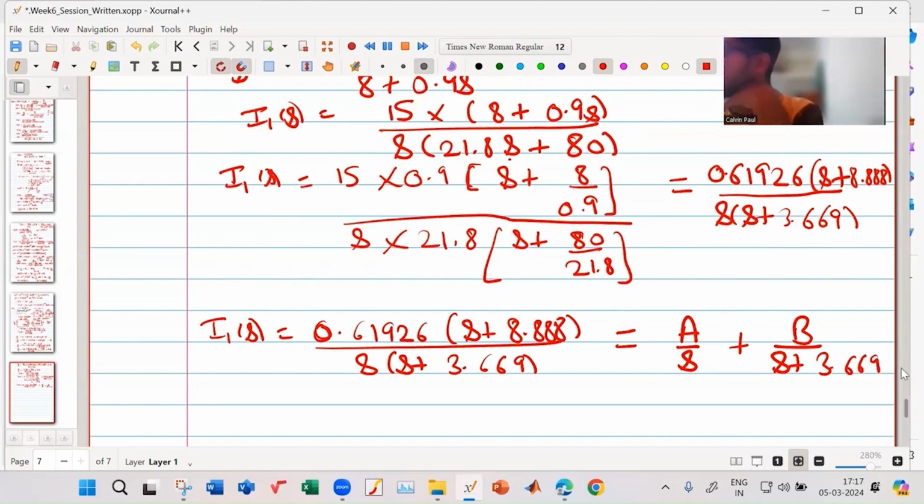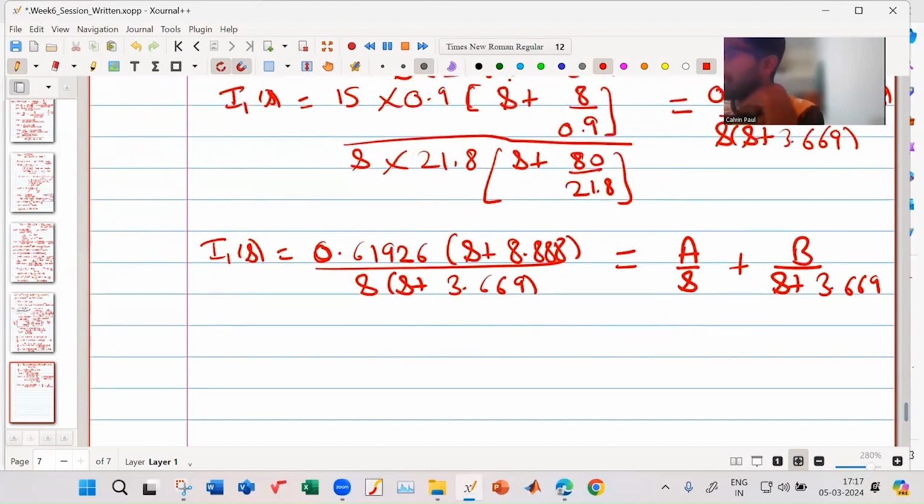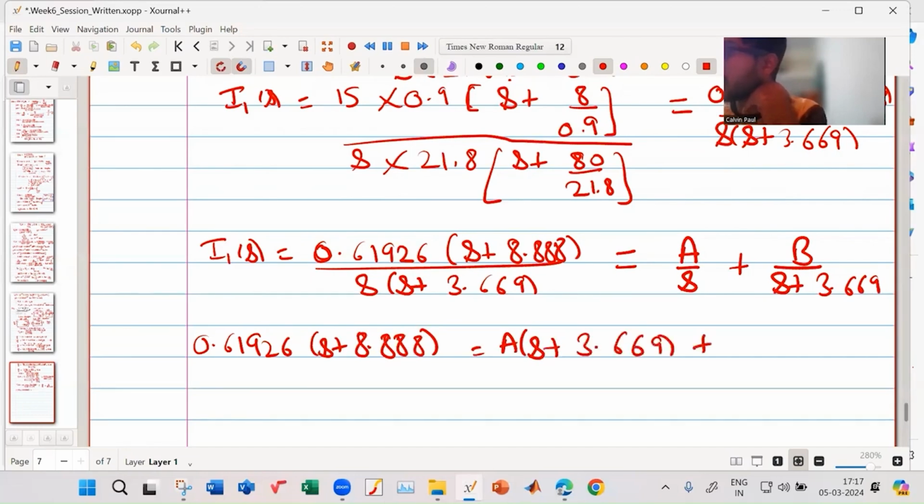When I do cross multiplication, I will get 0.61926 into s plus 8.888 is equal to A into s plus 3.669 plus B into s. Is it okay?